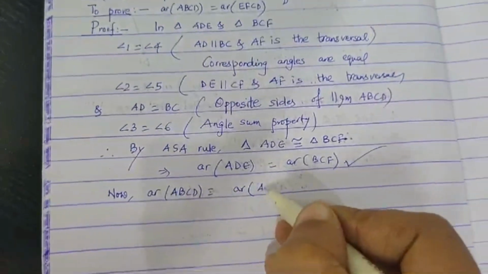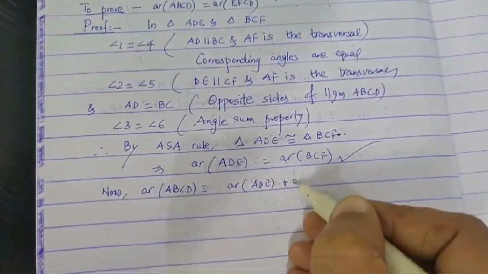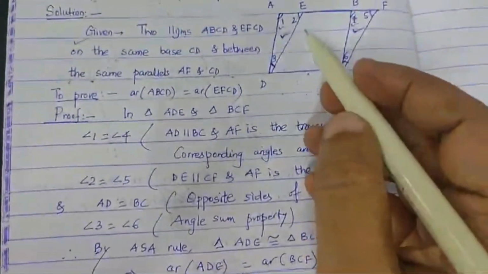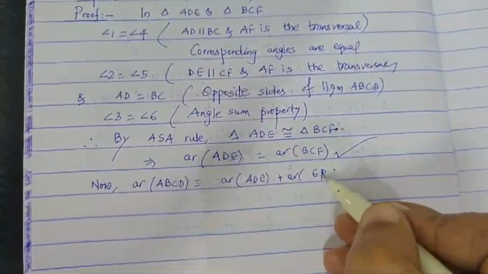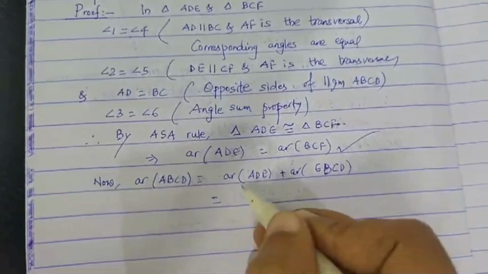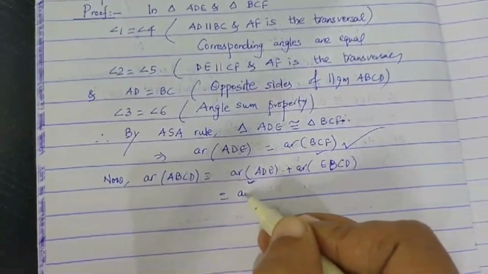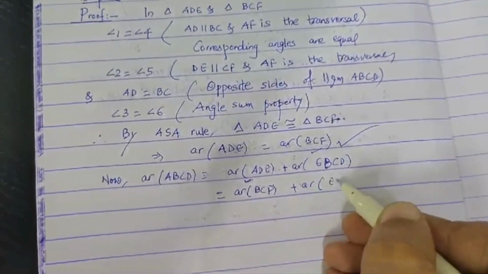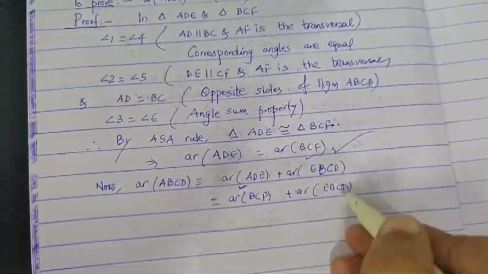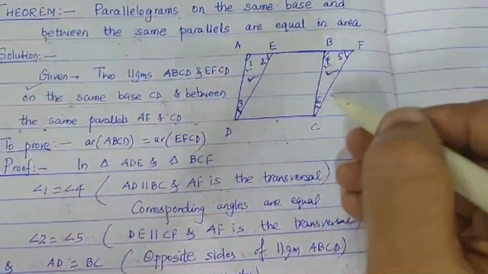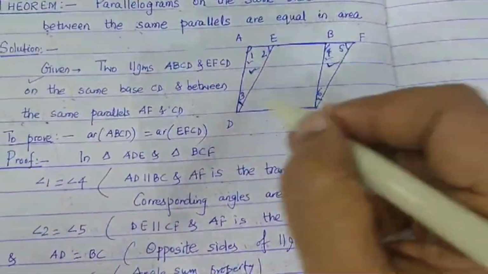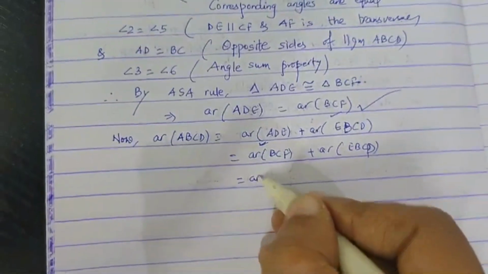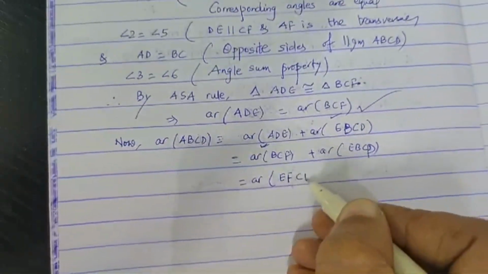So, area ADE plus area EBCD, and this one we can write as area BCF plus area EBCD. Now, if you see, area BCF plus area EBCD equal to what? Equal to area EFCD. We can write area EFCD.